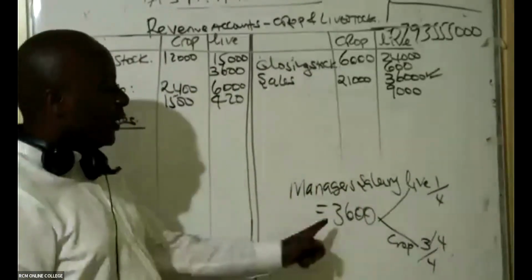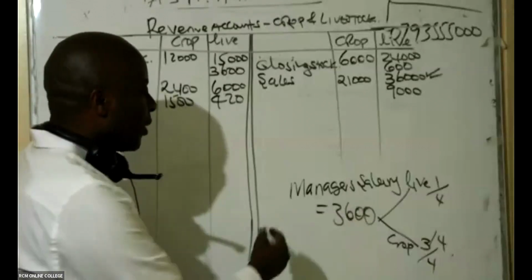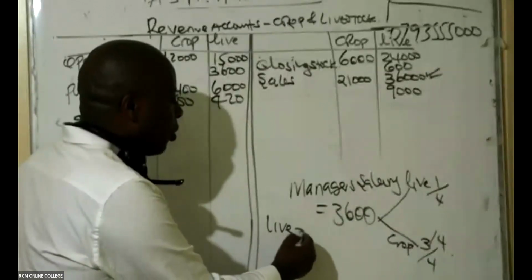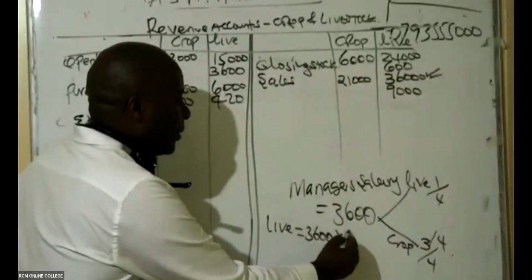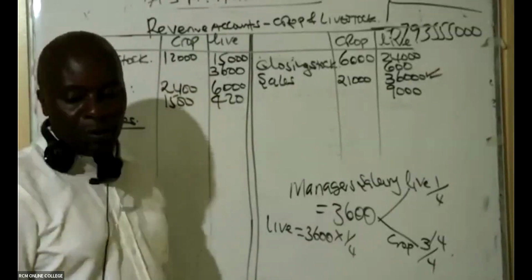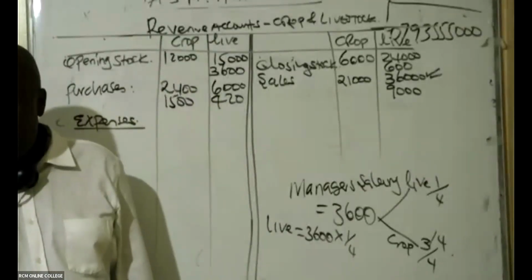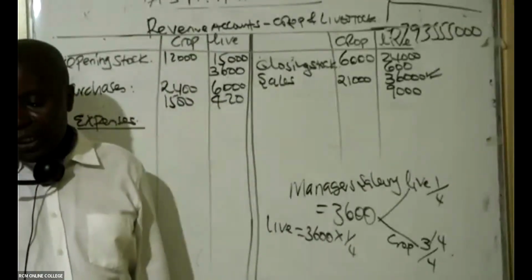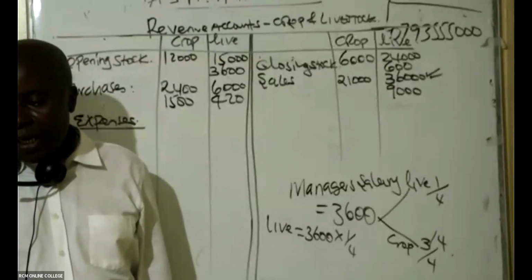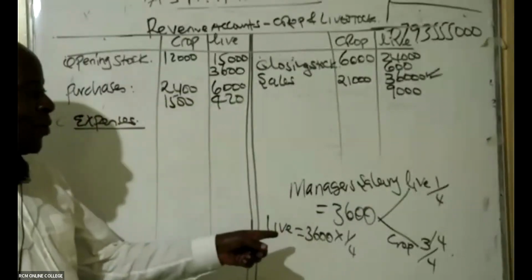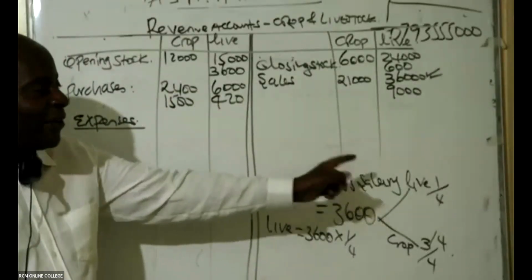So can somebody give me 3,600 times a quarter? Livestock will be 3,600 times a quarter, which gives me 900. Remember, he wants to confuse you. I started with the word livestock, but you're bright.